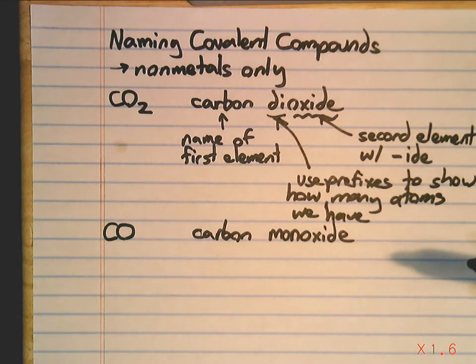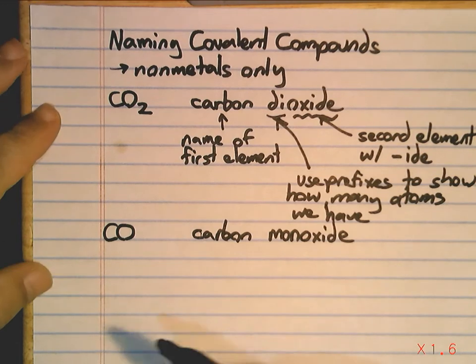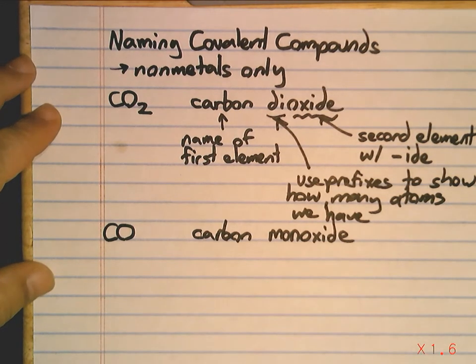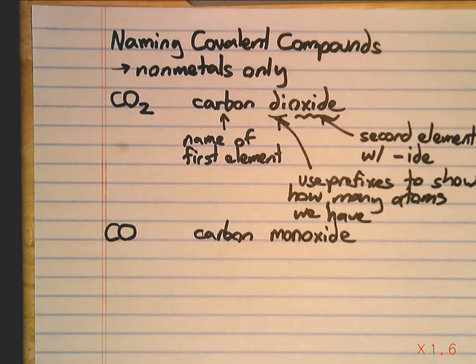All right, so what are the prefixes? They're the same prefixes that you learned in grade school to name polygons. Like, you might know two sets of prefixes. You know one that has things like quint for 5. But you don't call a 5-sided polygon a quintagon. You call it a pentagon.